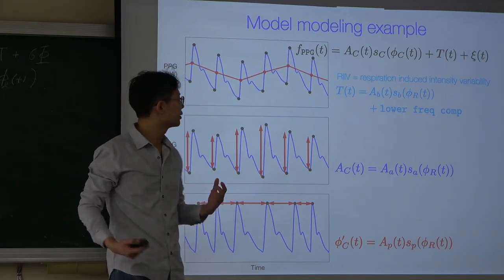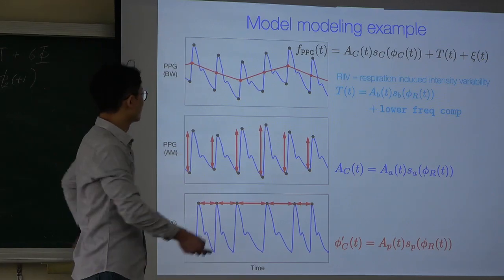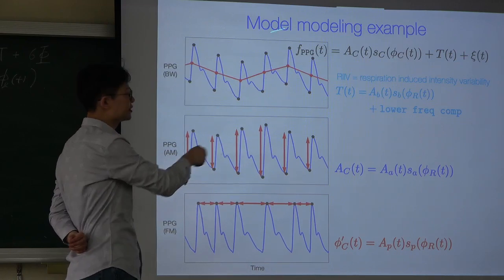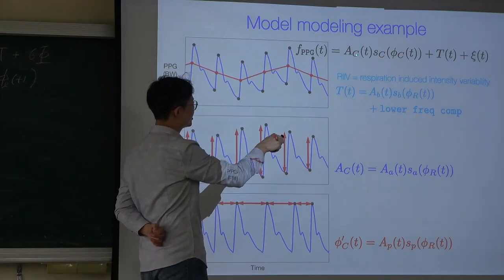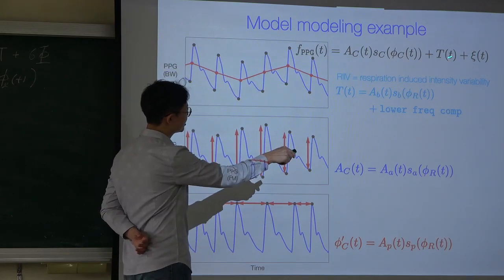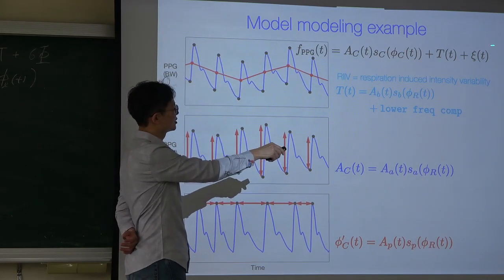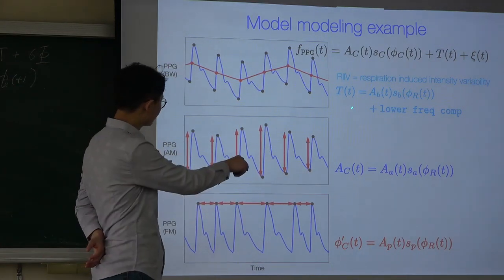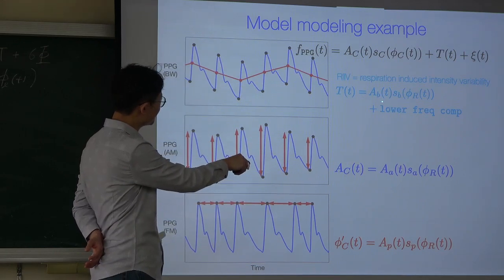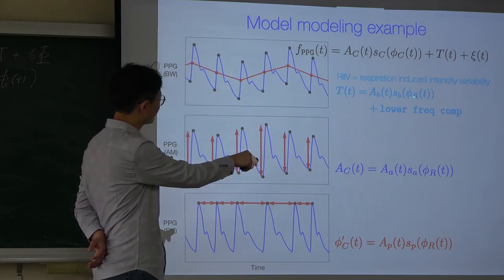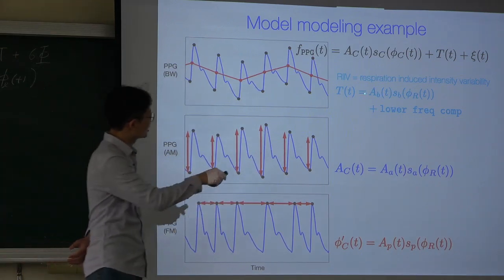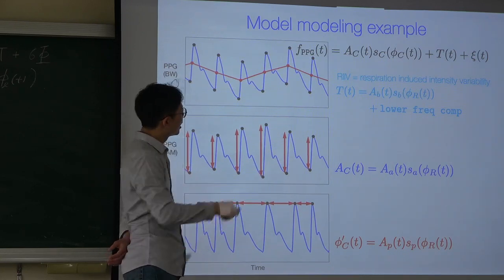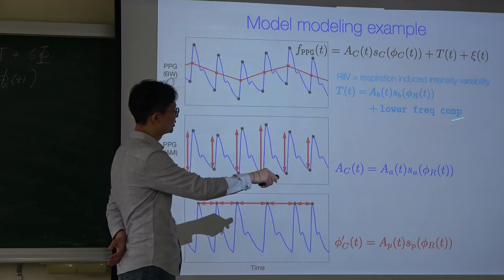And mathematically, we can write it in the following way. We can write the PPG signal as the cardiac component AC, SC, VC. C stands for cardiac component. And we have the trend or baseline wandering T, and noise. Usually, the trend T(t) is written as AB, SB, VR, and that is called the RIIV, respiratory induced intensity variability, plus some lower frequency components.